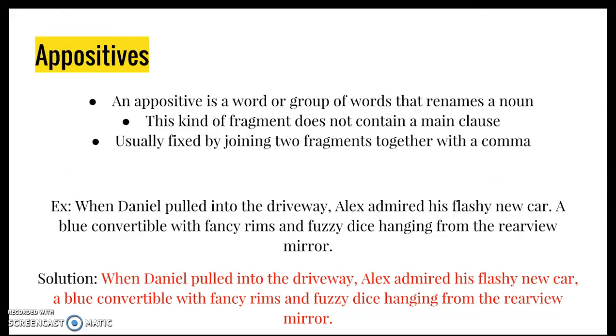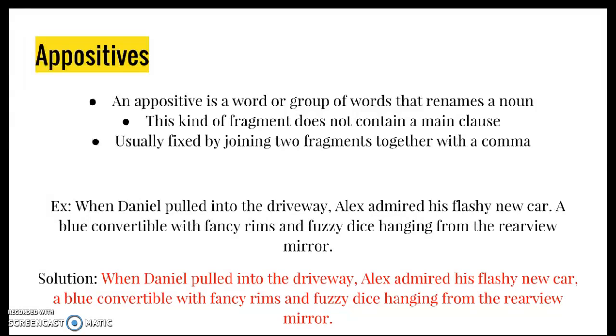Our last example is appositives. An appositive is a word or group of words that renames a noun. This kind of fragment does not contain a main clause and is usually fixed by joining two fragments together with a comma. Our example is, "when Daniel pulled into the driveway, Alex admired his flashy new car. A blue convertible with fancy rims and fuzzy dice hanging from the rearview mirror."